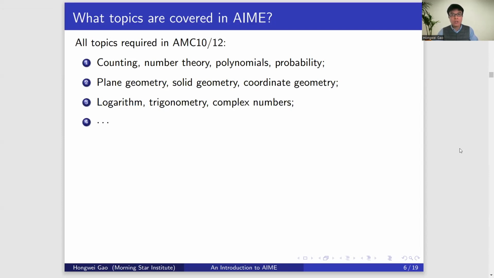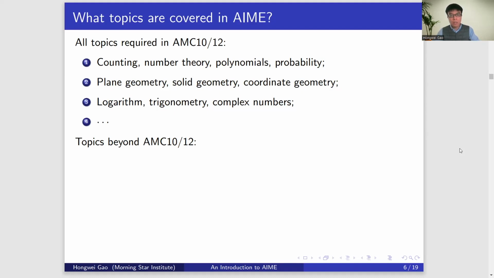But we know there are some topics in AIME that are beyond the scope of AMC. Usually, they are advanced number theory, advanced trigonometry, and advanced geometry.